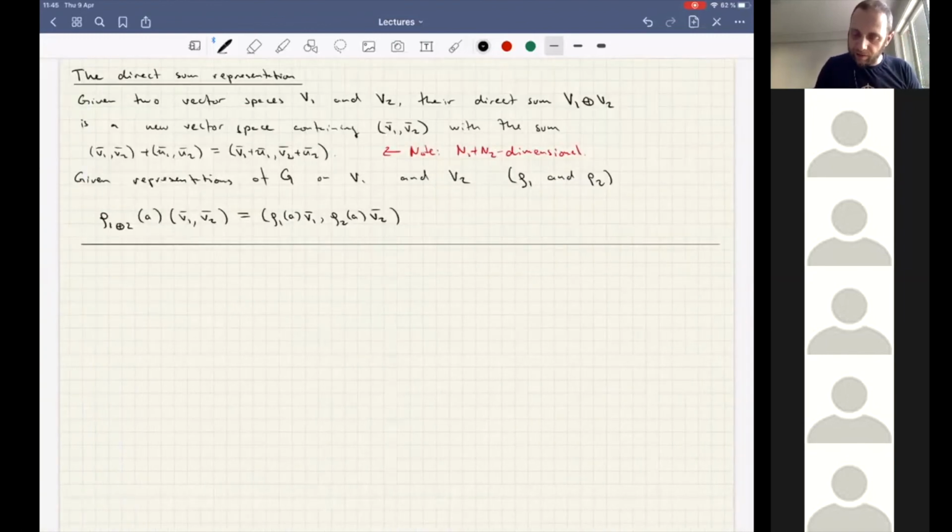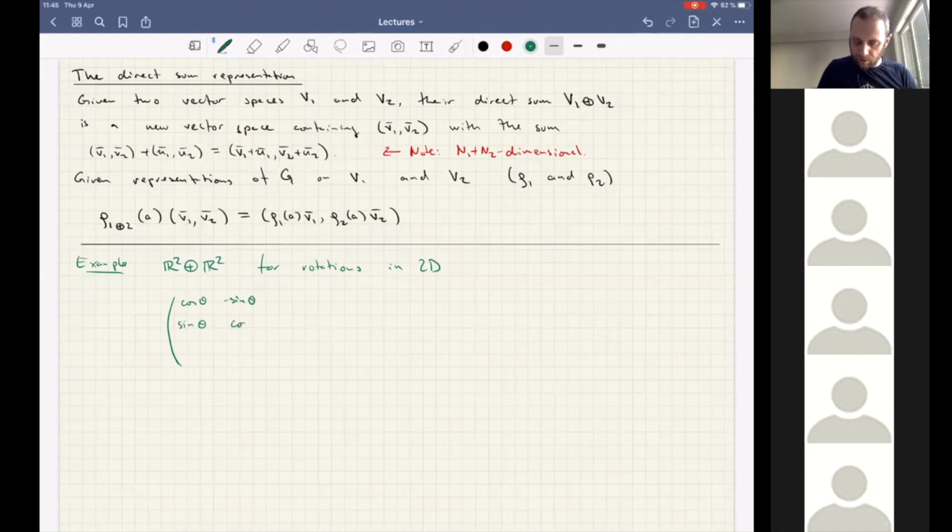But if you look at the example R2 ⊕ R2 for rotations in 2 dimensions, what this gives you is a matrix with cosine theta, minus sine theta, and sine theta, cosine theta in the upper left.